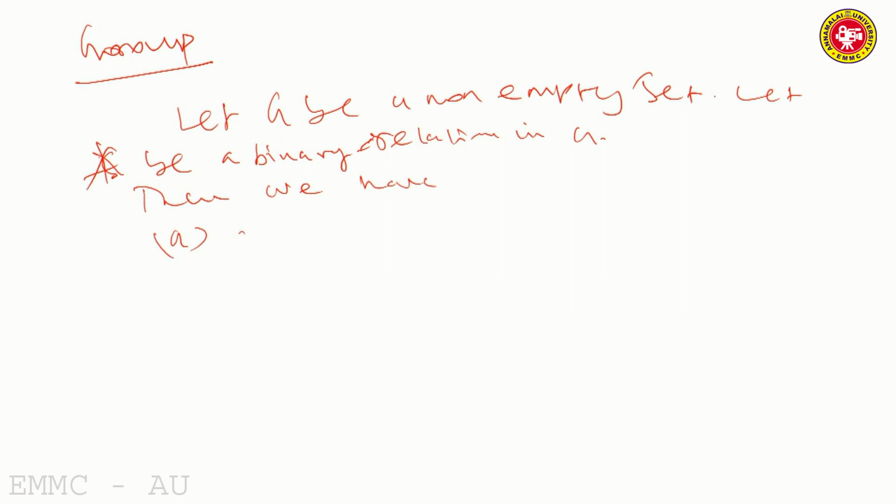First, A comma B in G implies A star B in G. This is called closure property.